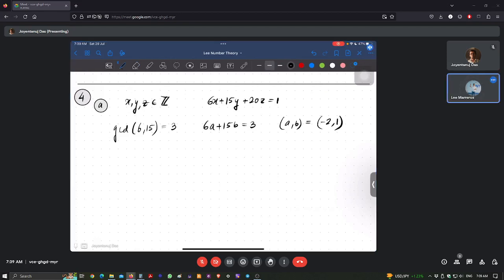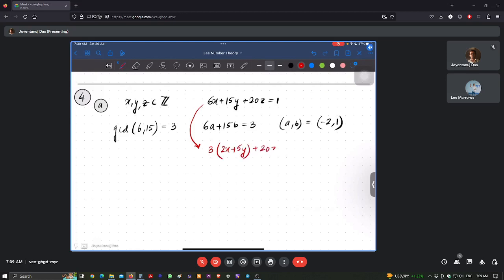Now one observation is that I can write this equation differently. Since the GCD is 3, I can take 3 common: it's 3 times (2x plus 5y) plus 20z equals 1. Now I can substitute this as a different variable, so I can take it as x.